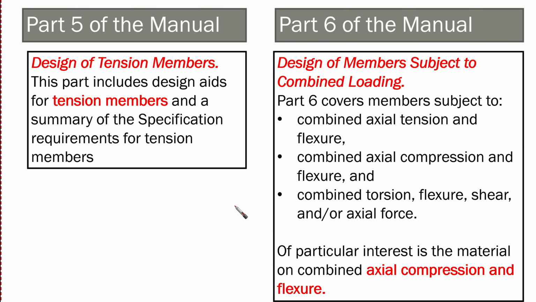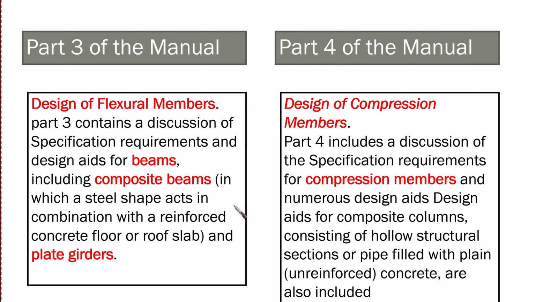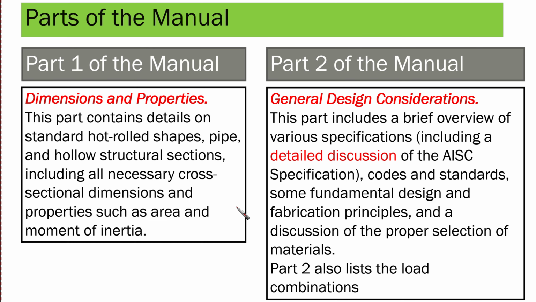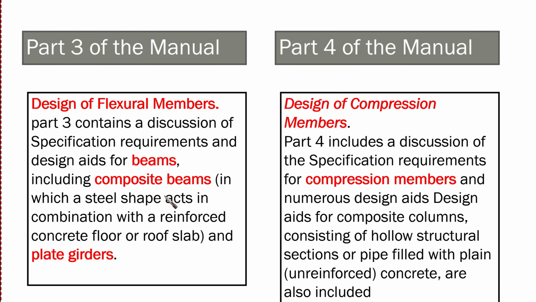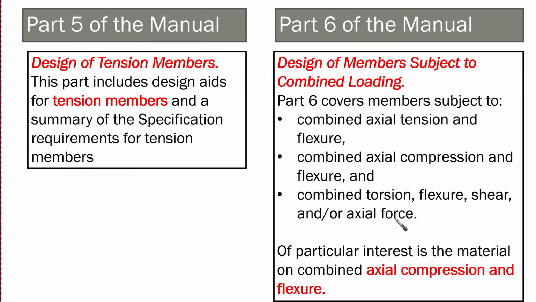But you're going to find yourself referring frequently to some parts. For example, part 1 is going to be one of the greatest parts that you're going to refer to. Flexure members, of course, if you're talking about beams and columns.